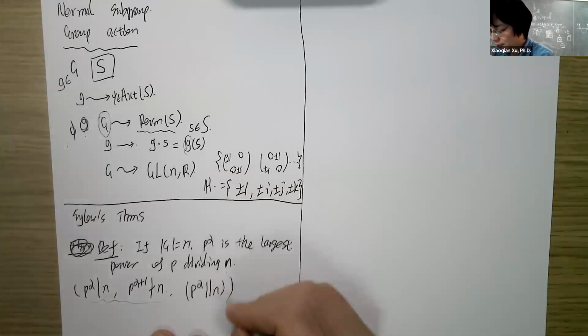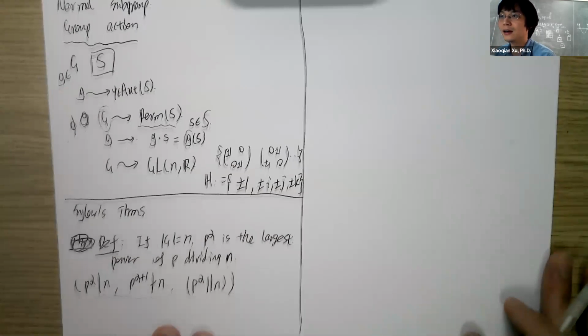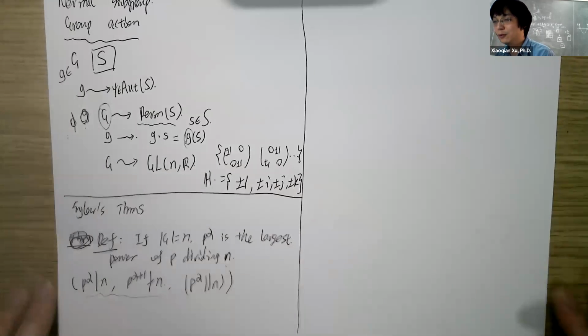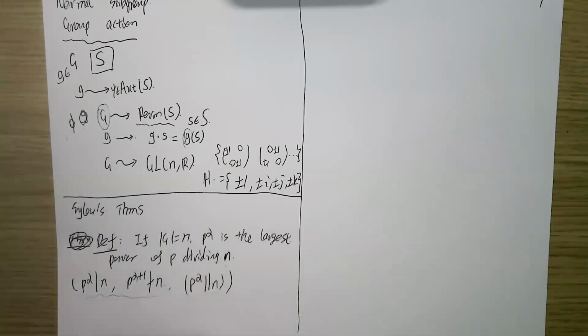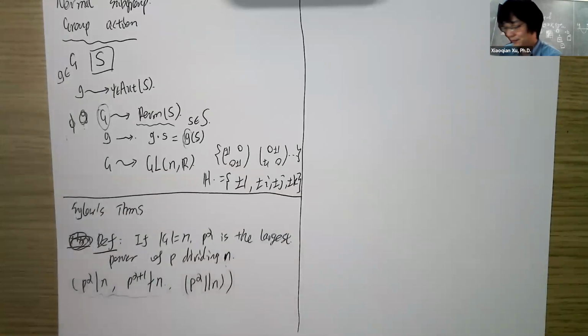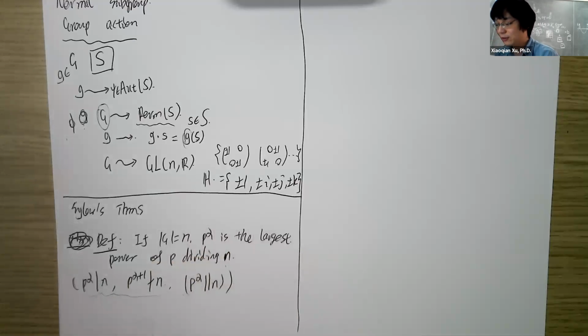Not very usual, but if you do want to use it, that's also fine, but I hope that if you want to use this notation, you can make an explanation, because it's not very common. So, then p to the alpha is the largest power of p dividing n.